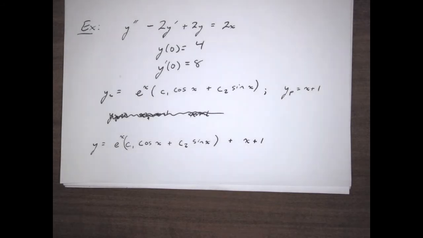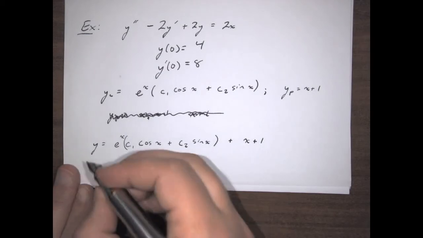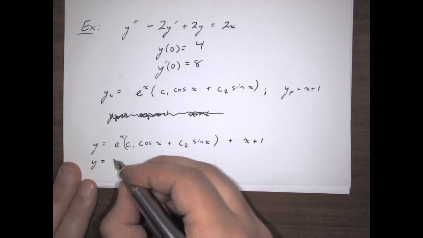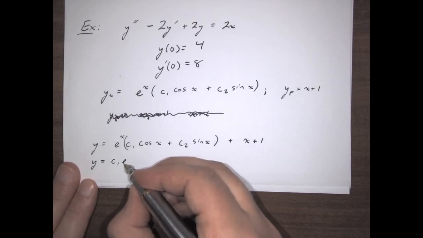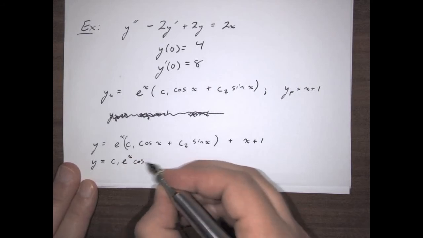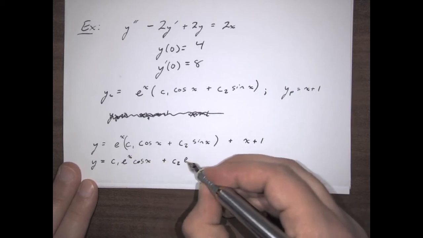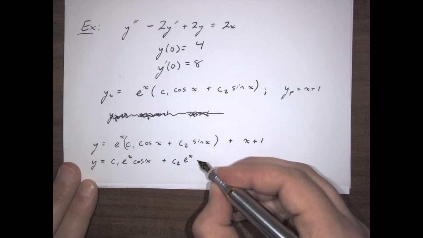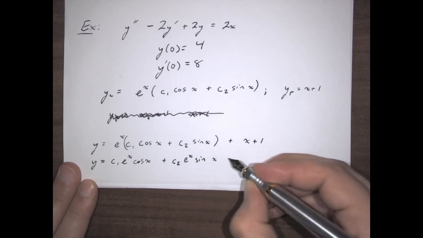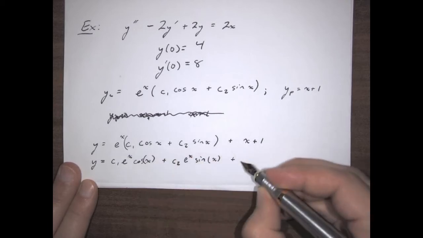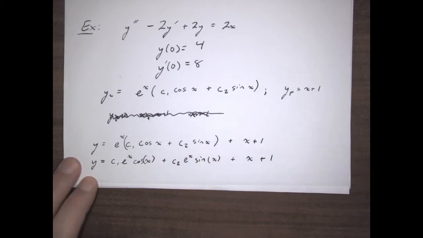Now, in order to do that, we are going to need to take the derivative of this, and it'll be easier if we distribute the e to the x in. So c1 e to the x cosine x plus c2 e to the x sine x plus x plus 1.